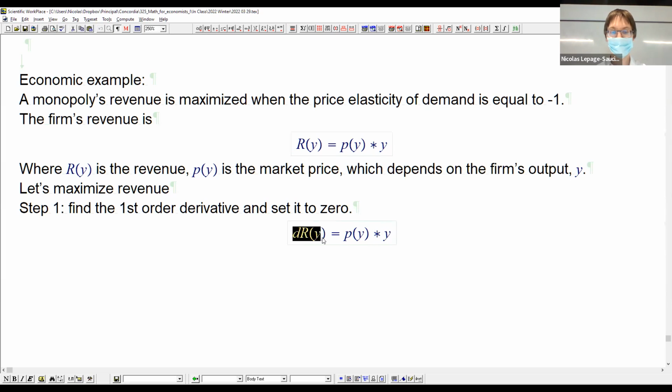So the first one is the derivative of price with respect to y times y. Plus the second one is the derivative of y with respect to y, and it's of course equal to 1. So I can just write it this way. And I set that equal to 0.